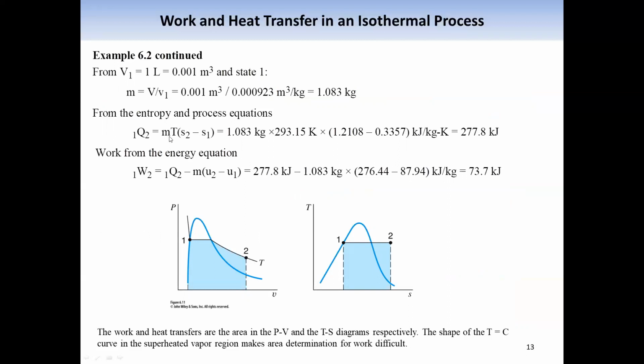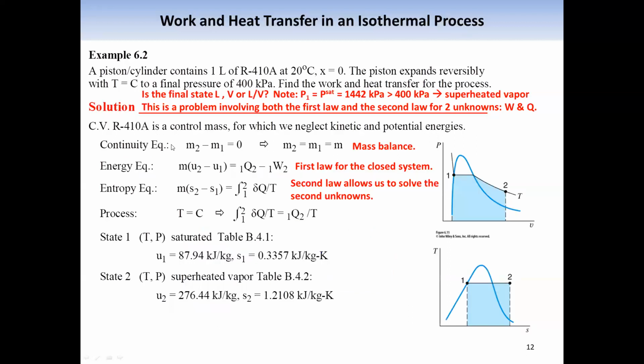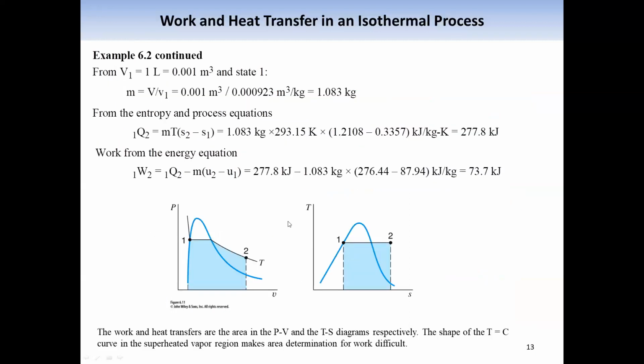We also need to calculate the total mass. Total mass can be estimated because we are given the volume of the container. We know the initial temperature and the pressure. So once the mass is known, we can calculate the heat transfer and the work done based on the first law and the second law.